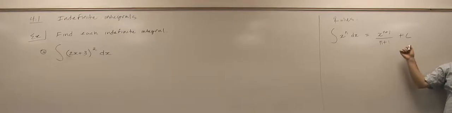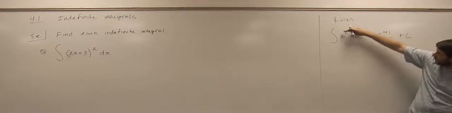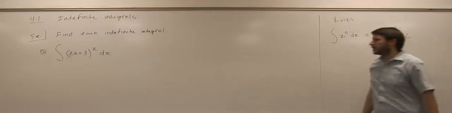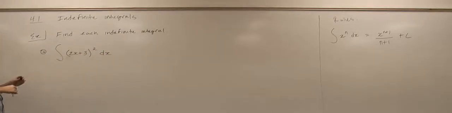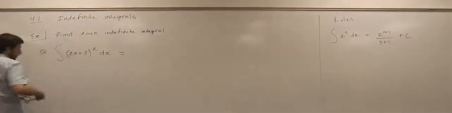This is an indefinite integral of x to the n. So we like things of this form, x to a power, because then we can just add 1 to the power and divide. This is not of the right form. It's not just x to a power. So if you square this out, if you actually FOIL it, you can put it in the right form and then do the integral. I guess we can do some scratch work down here.